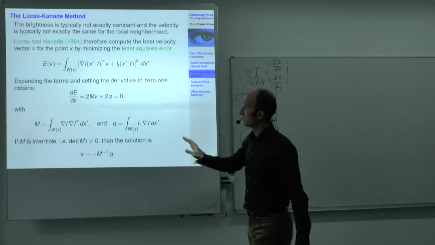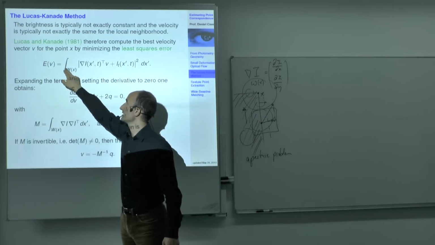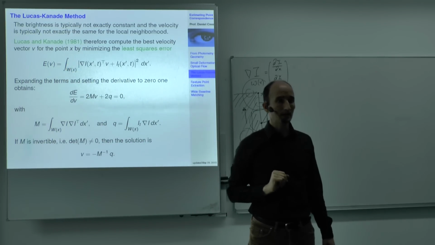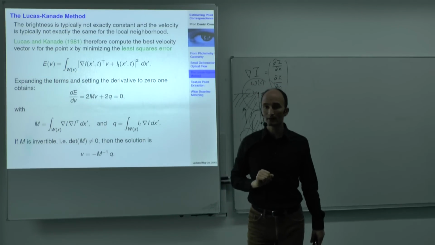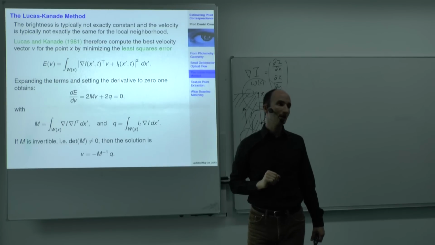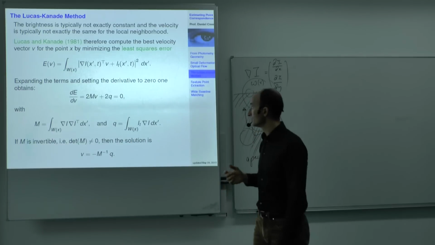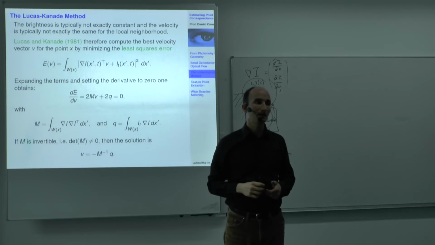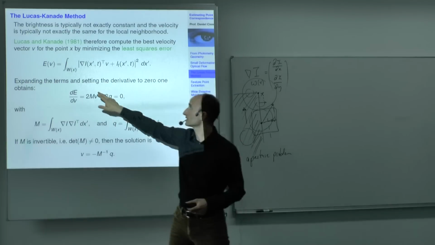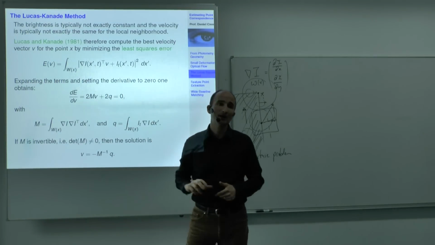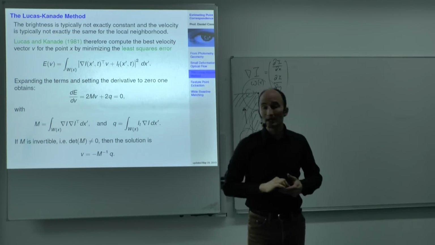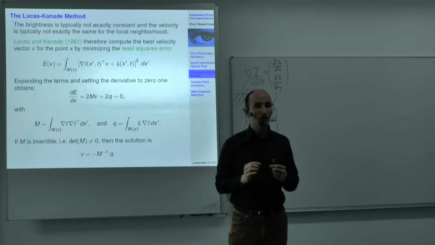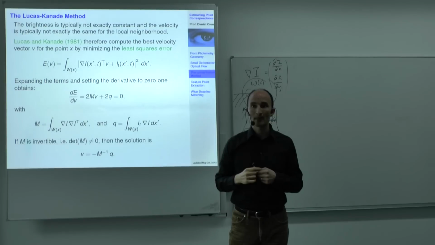I should not confuse you that there is an integral here. If you go to the Lucas-Kanade paper, the 81 paper, there are no integrals there. There are sums. But you know from analysis that an integral is essentially a sum. It's the same thing. So you could just as well sum over all x prime. The reason why I prefer integral notations is that I prefer working in a continuous space.